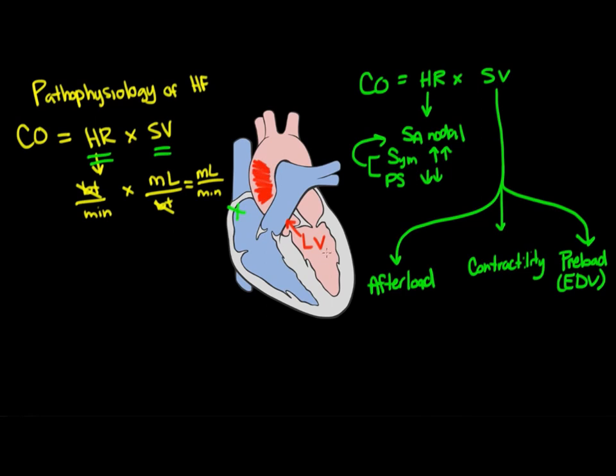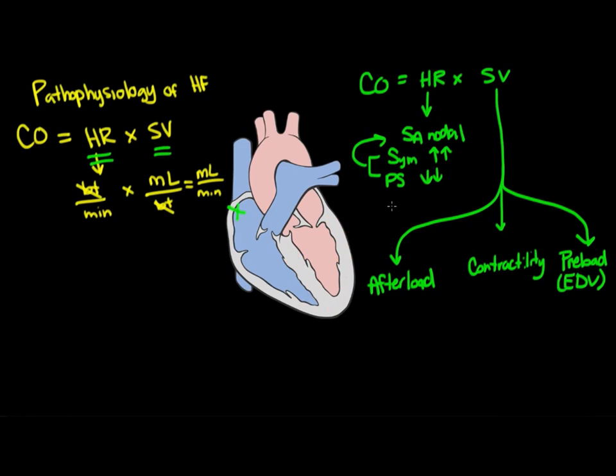So the pressure in this chamber is going to have to actually exceed that here in order to eject blood properly. Now, contractility is the actual vigor or force that this left ventricle contracts with. And this measurement, contractility, is independent of both the afterload and the preload.